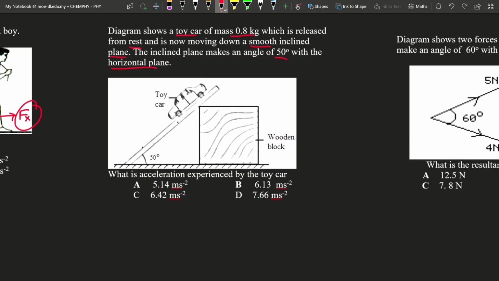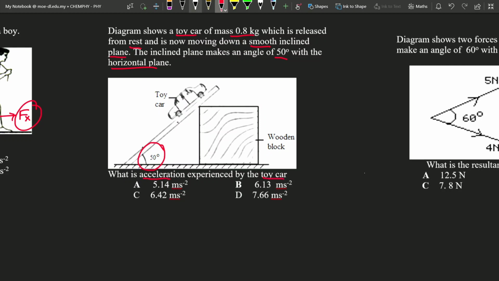So you guys, ada satu permukaan condong dan kita ada satu kereta mainan jisim 0.8 kg. So kita ada sudut antara permukaan condong dan permukaan rata adalah 50 degree. So soalan tanya, what is the acceleration? Sama juga nak cari pecutan experienced by the toy car.